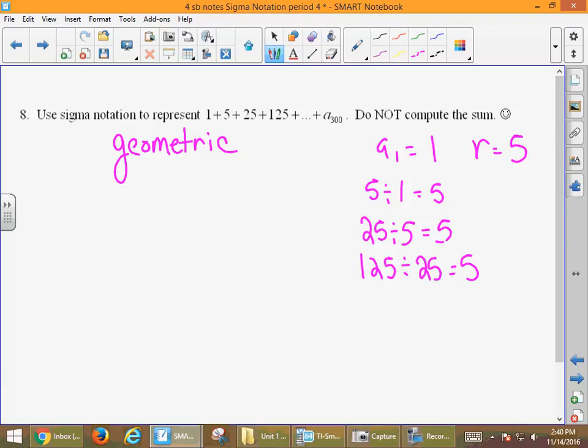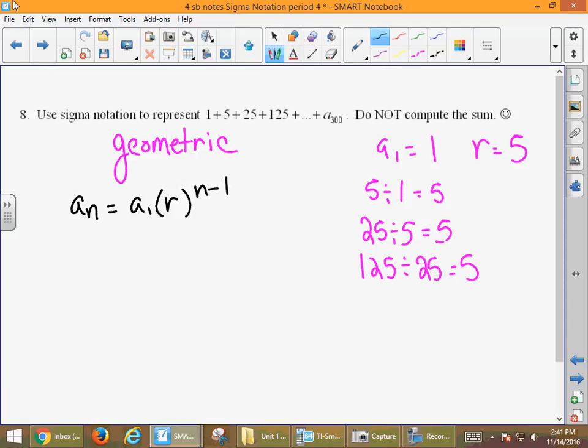Before we can write it in sigma terms here, we need to come up with the nth term of our function. Remember that a sub n equals a sub 1 times r to the n minus 1. We've got our values here, with the exception of n, already written down. We see that a sub 1 equals 1 and r equals 5.